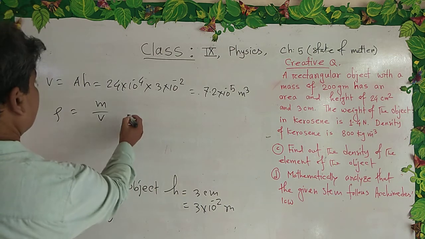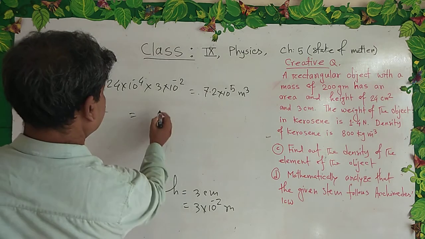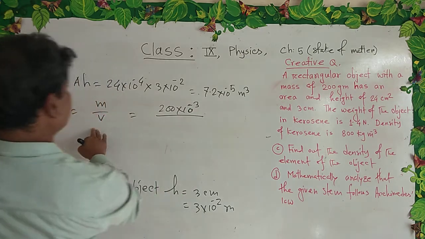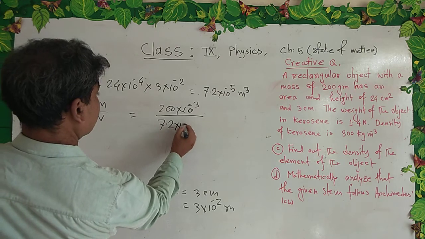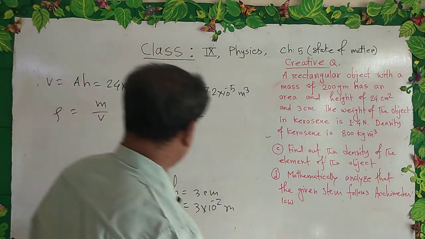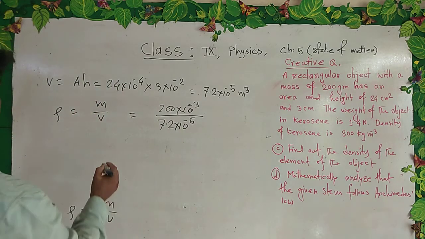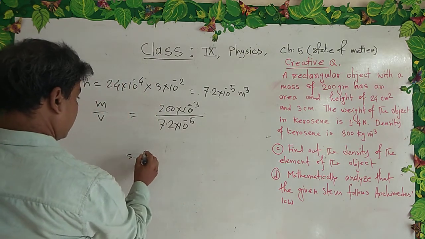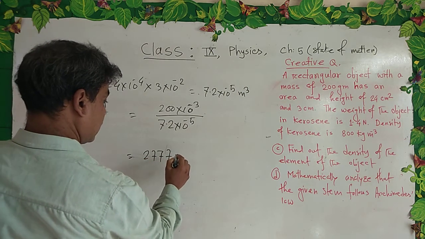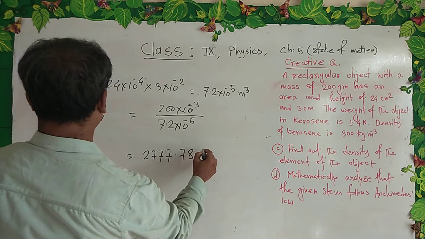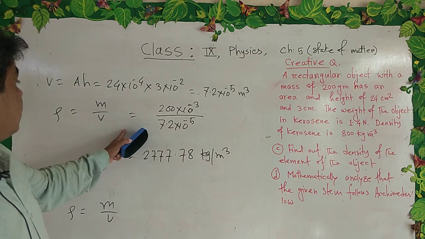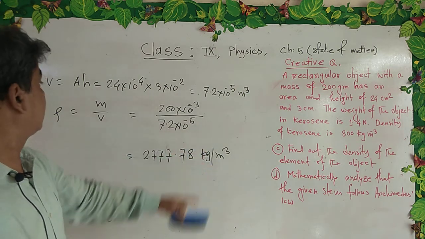Here m equal to 200 gram, that is 200 into 10 to the power minus 3 kg, divided by v, which is 7.2 into 10 to the power minus 5 meter cube.